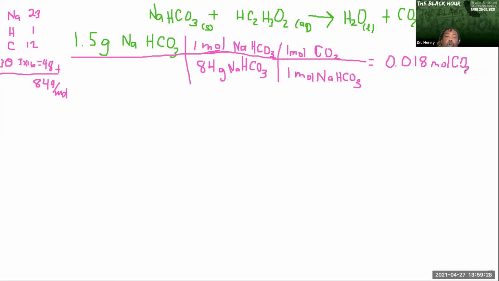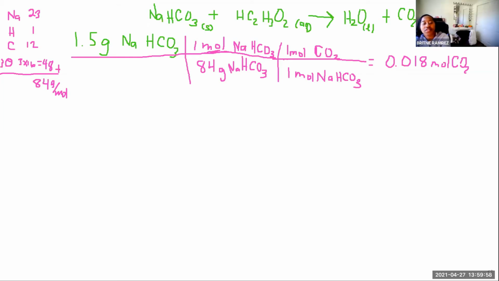Now, this here is called your theoretical, right? That means that in theory, if everything works out, and if we have unlimited amounts of vinegar or acetic acid, then I should get a complete reaction and it should go all to this amount of carbon dioxide if I have 1.5 grams of sodium bicarbonate. Does that make sense? Yes. Okay.